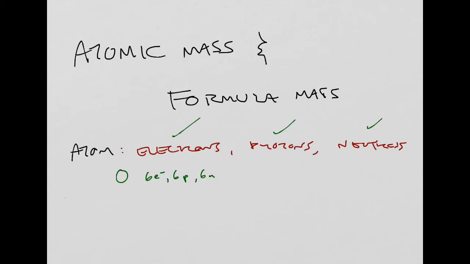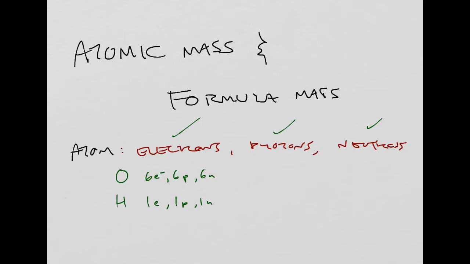And that would be different from, say, something like hydrogen, which only has 1 electron, 1 proton, and 1 neutron. So because each element is defined by the number of protons associated with it, then each element's going to have its own unique mass. And we're going to call that atomic mass.